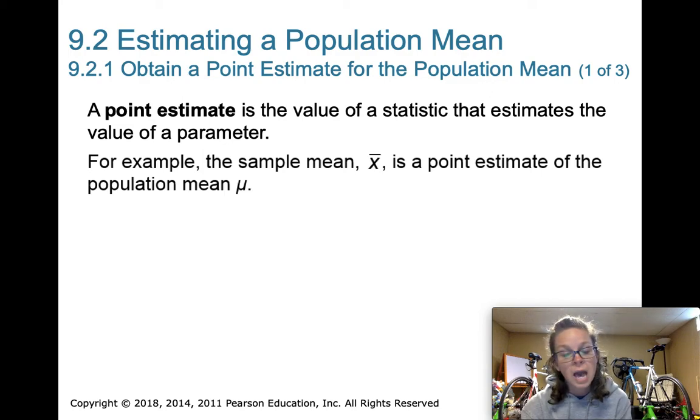And the symbol we use for that is mu, the one that looks kind of like a U with a long tail on the wrong side. That Greek letter is actually an M, which is mu. And we are going to be estimating the population mean using our sample mean as an estimate. So the sample mean x-bar is the point estimate of the population mean, mu.